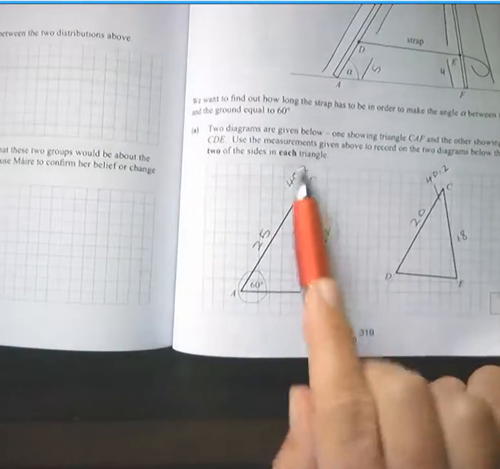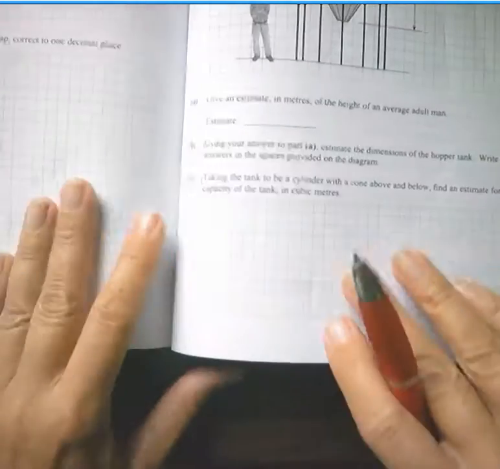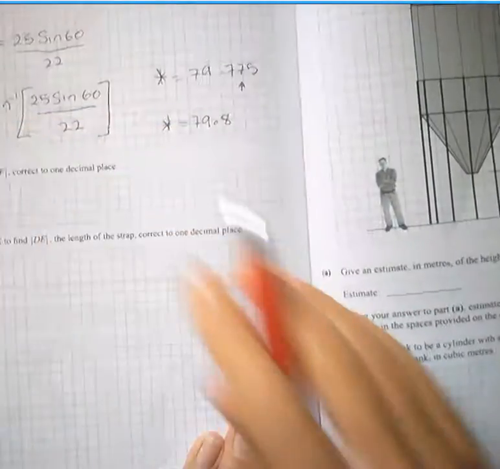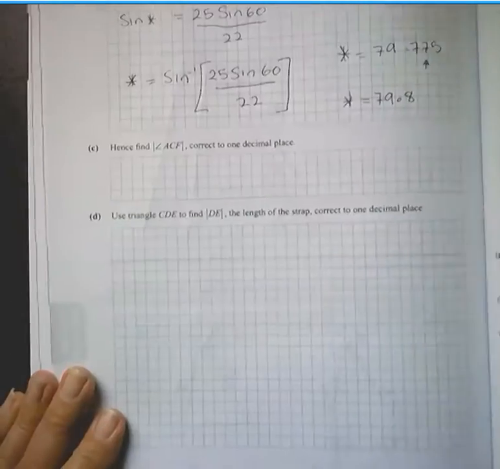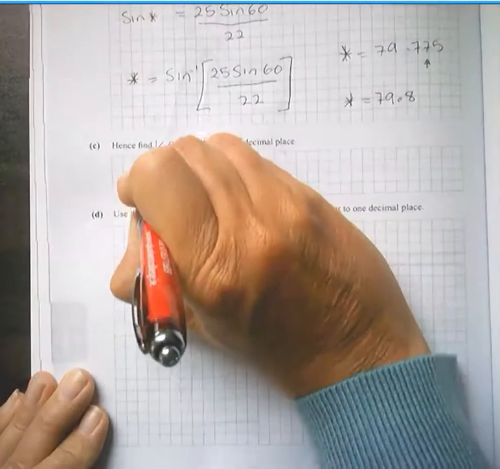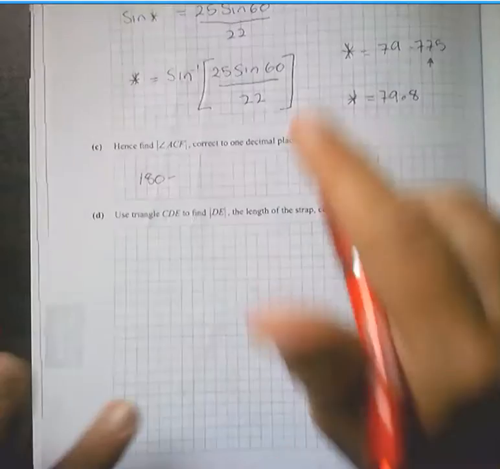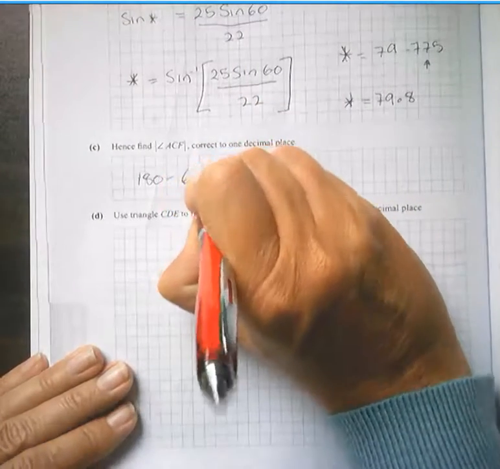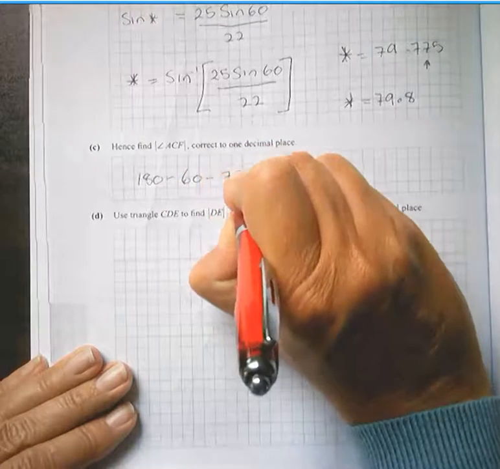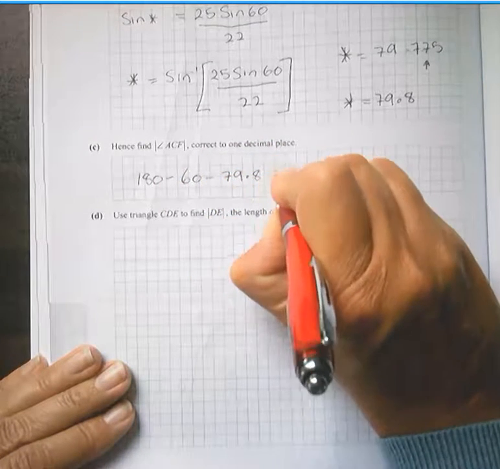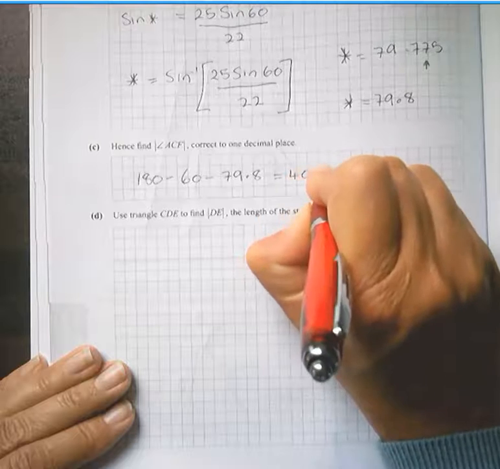And that was the answer to the next part. So you go 180, take away 60, take away 79.8, which gives you 40.2.